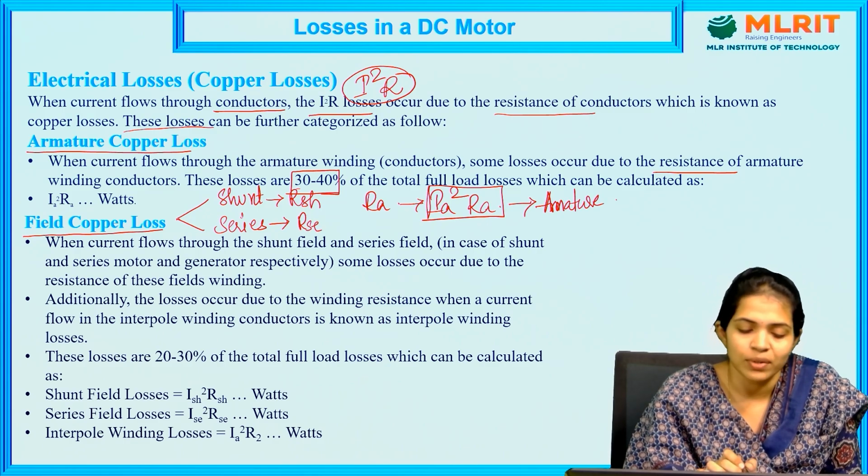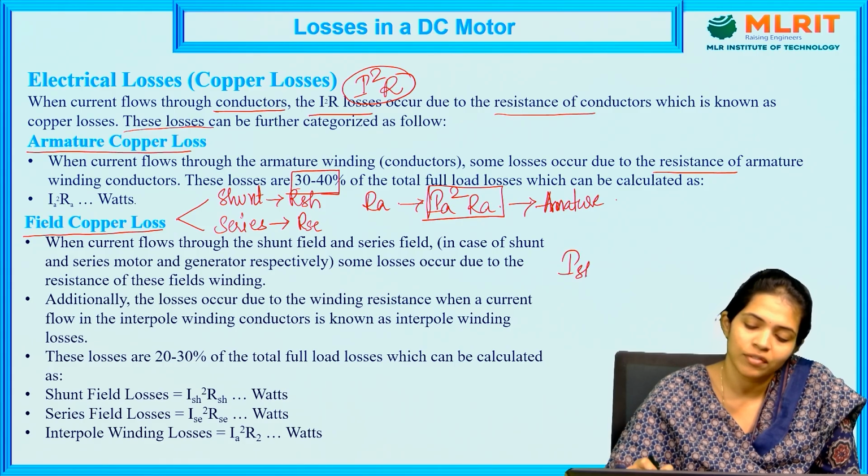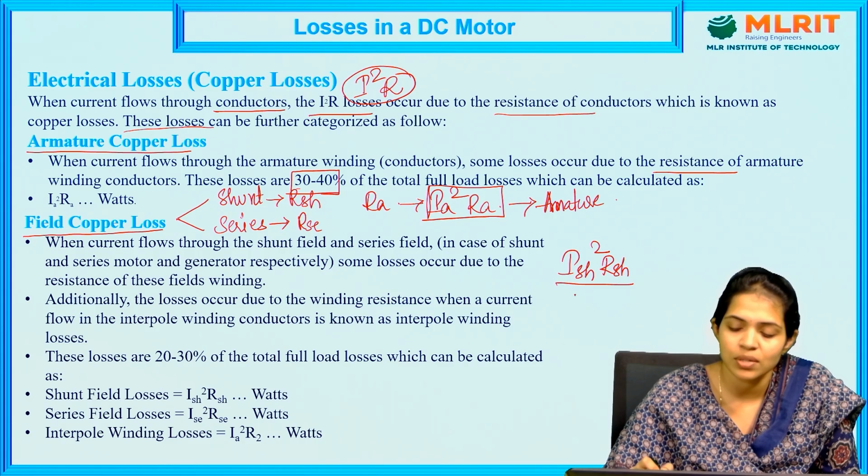The losses which occur due to the current flowing through the shunt field winding: ISH square multiplied by RSH gives the copper losses which occur in the shunt field winding.